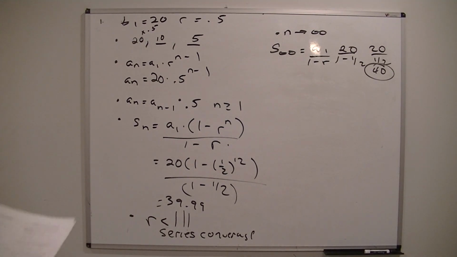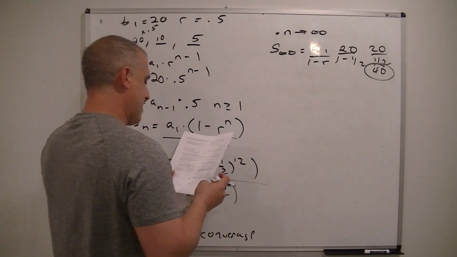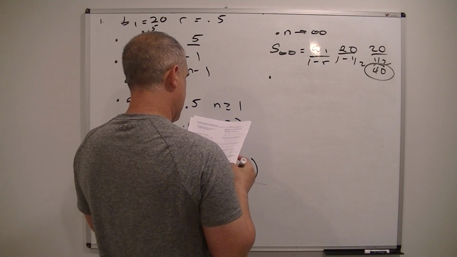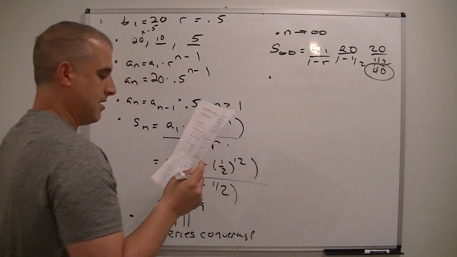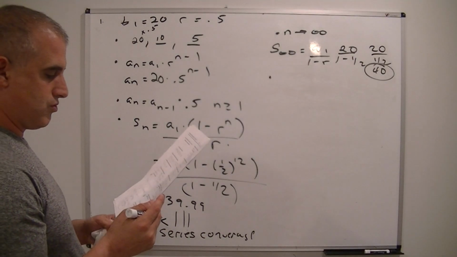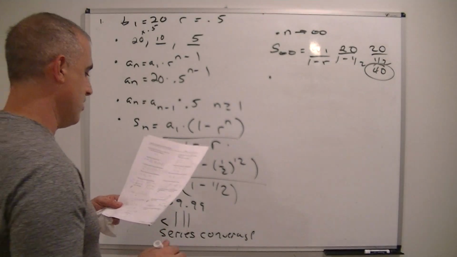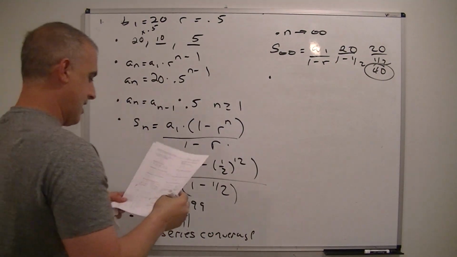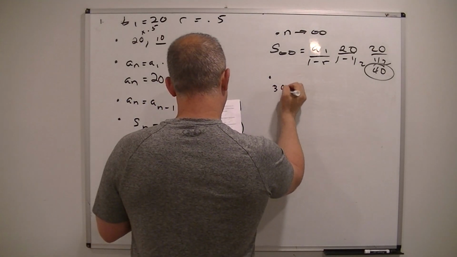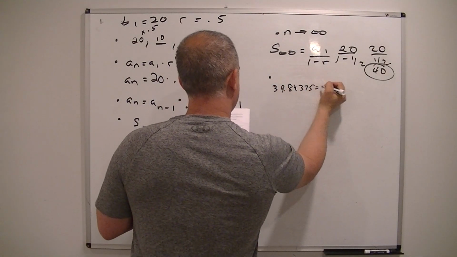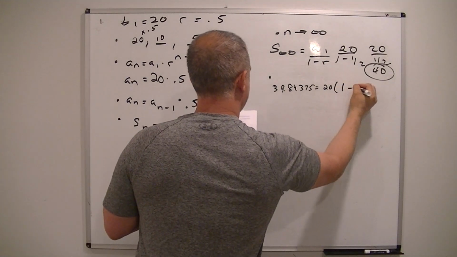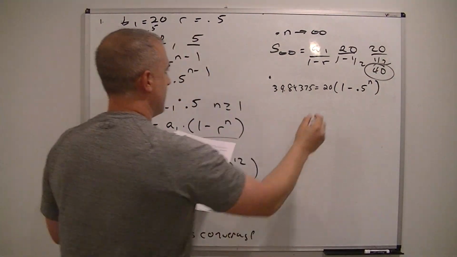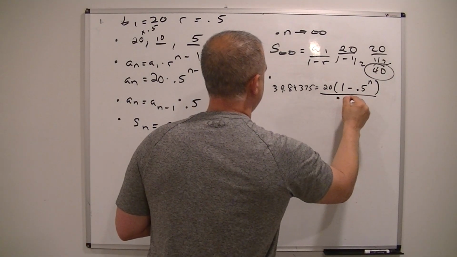Great. Okay, find the sum of the nth power. So the idea there is that if we use this formula right here, and we say that the sum 3984375 equals 20 times 1 minus 0.5 to the n power, all over basically 0.5.